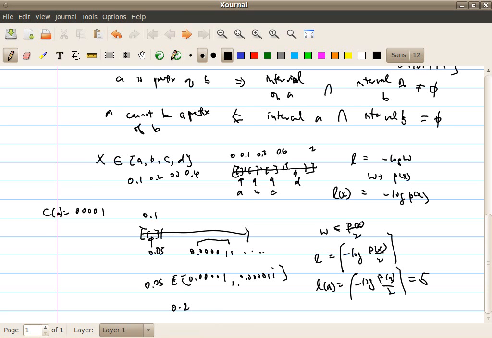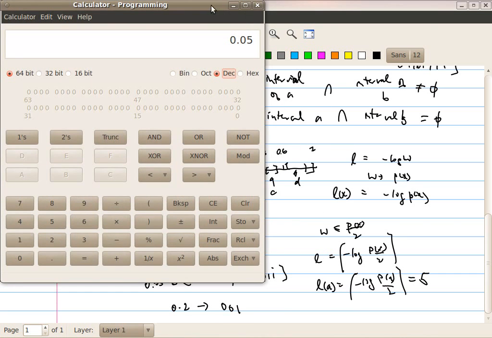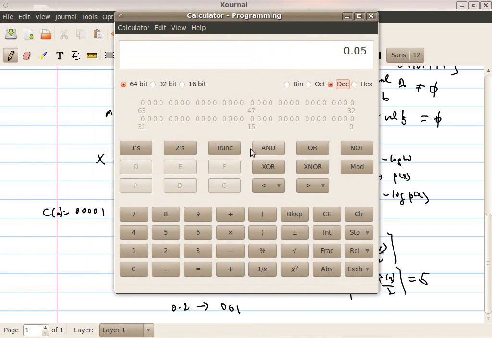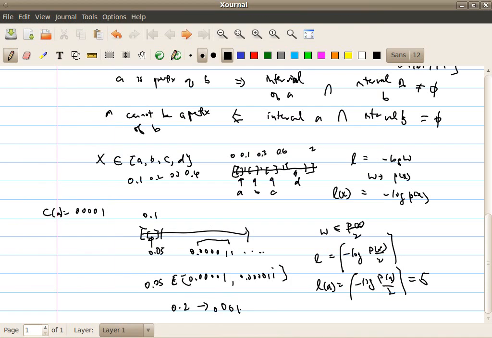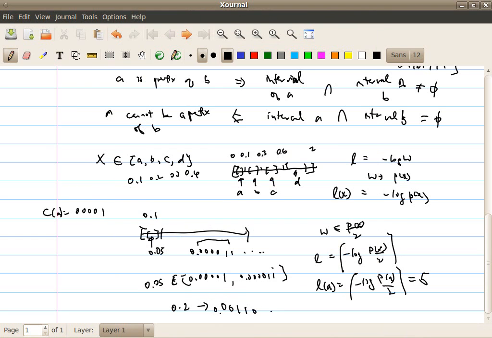In binary, okay, I better use a calculator, I guess. 0.2 in binary is 0.00110.